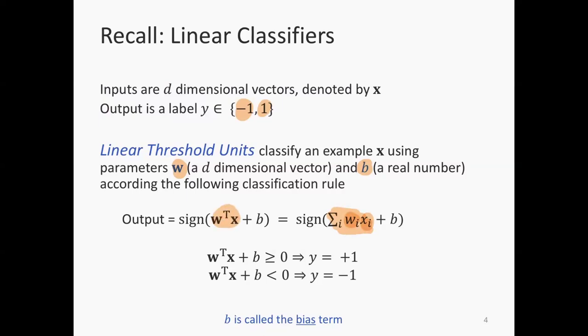And I write that as w transpose x. You get a number, w transpose x, and then you add the number b to that. You still have a number, and you look at the sign of it. If it's greater than or equal to 0, if it's positive or 0, then you say the label is +1. If it is negative, you say the label -1. This is the device that the perceptron algorithm learns. And by learn, I mean it will figure out, given a data set, values for w and b.